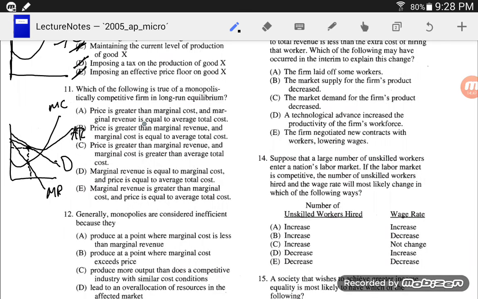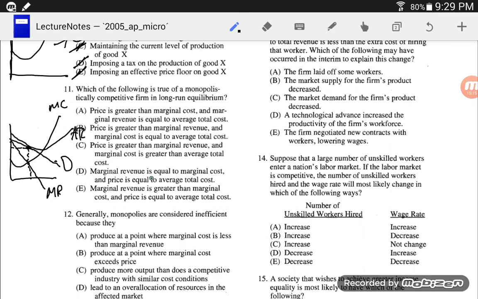And marginal revenue is equal to average total cost. No, marginal revenue is equal to marginal cost. So price is greater than marginal revenue, and marginal cost is equal to average total cost. No. Price is greater than marginal revenue. Yes. And marginal cost is greater than, no, it's less than average total cost.